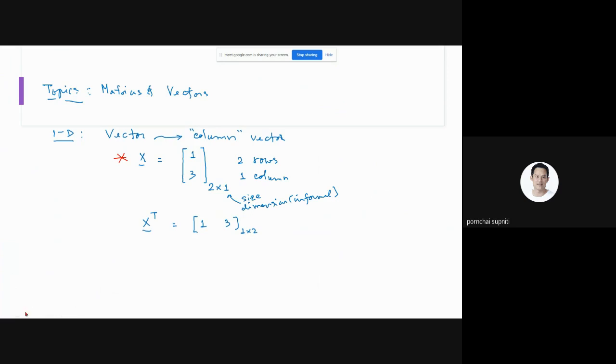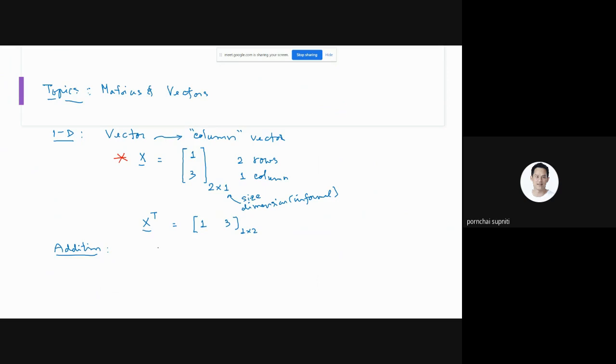Next, let's talk about some basic stuff like addition. You can have some operations on vectors and matrices.